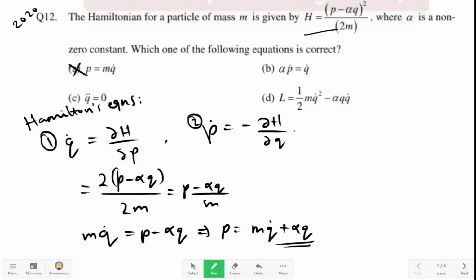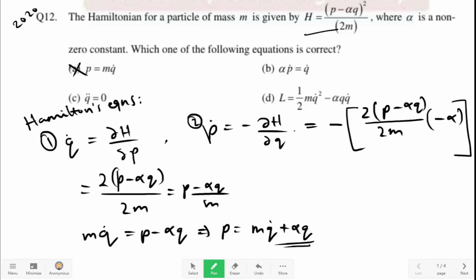Now let us use equation 2, which is p dot is equal to minus del H upon del q. This is equal to minus of 2 times (p minus alpha q) divided by 2m times minus alpha, which is equal to (p minus alpha q) divided by m times alpha.